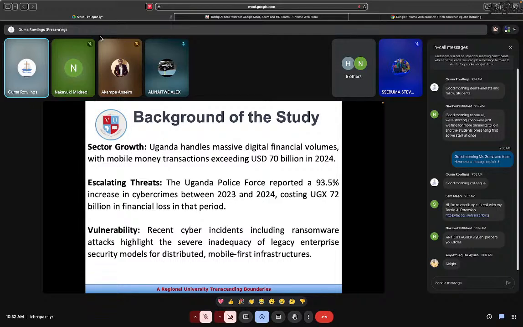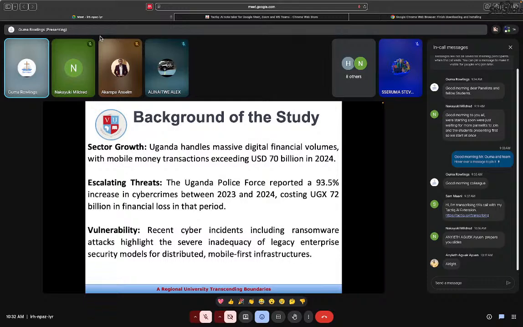Mobile money transactions alone exceeded $70 billion in 2024. So we know that where there's money, there are threat actors, because most of the threat actors are driven by desire for financial gain.